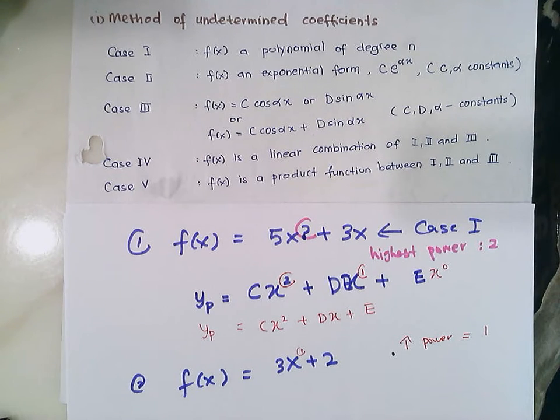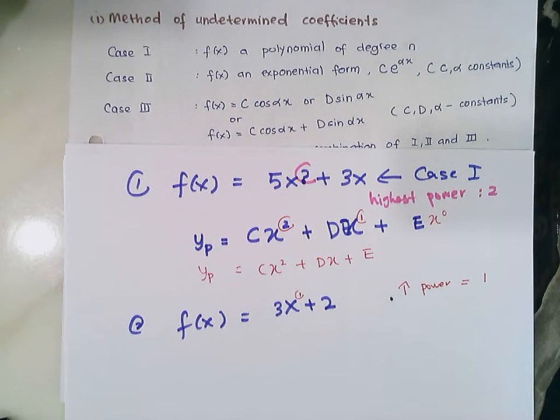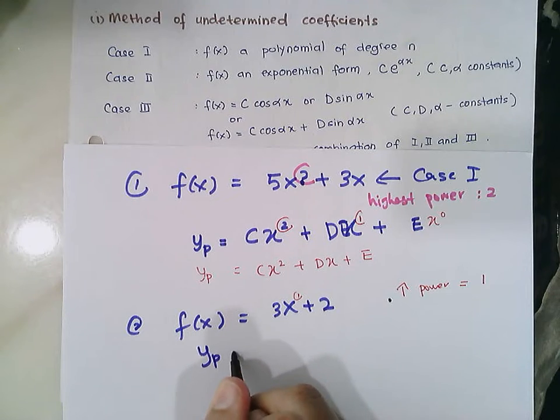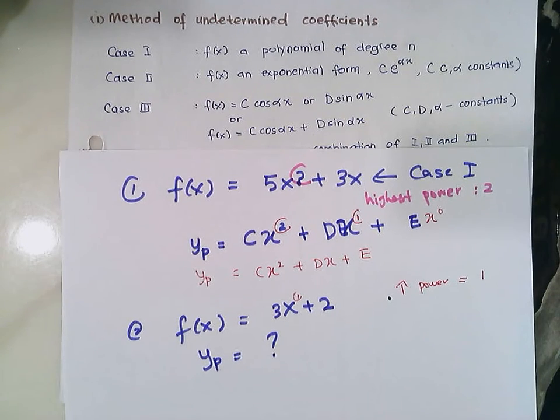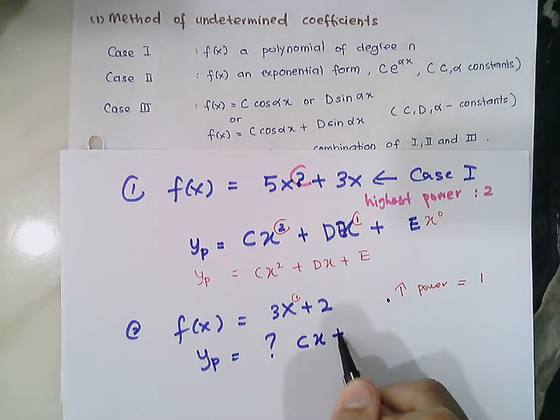You have to start with x to the power of 1 and reduce until x to the power of 0. So what will be your suggestion for yp? Therefore, your yp is equal to cx plus d.